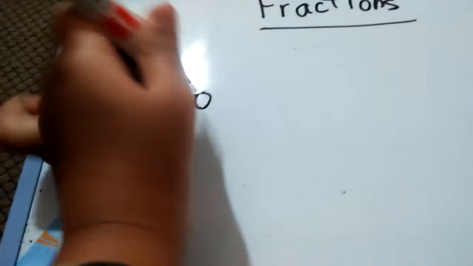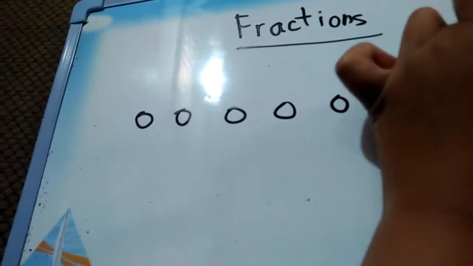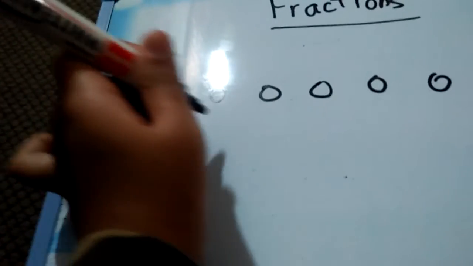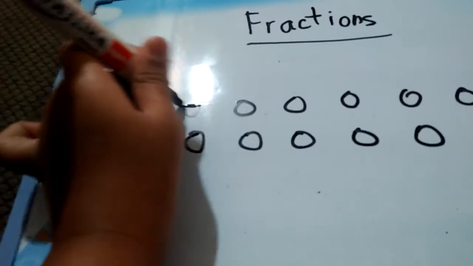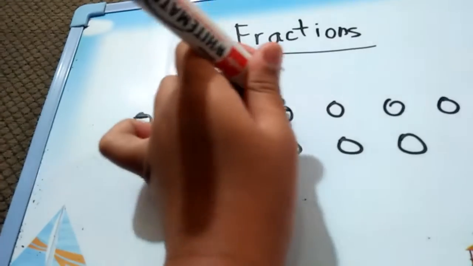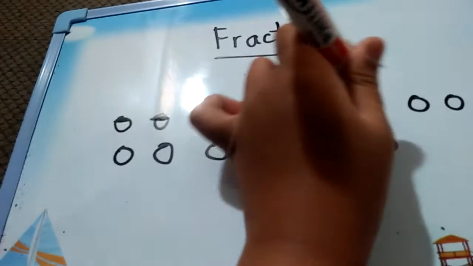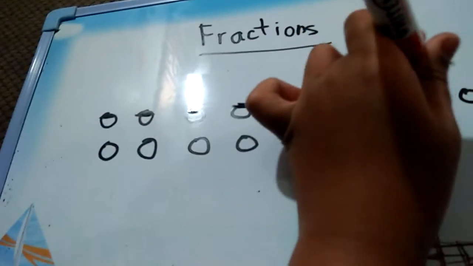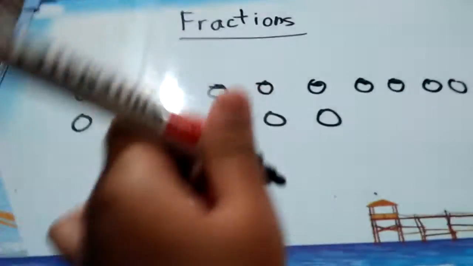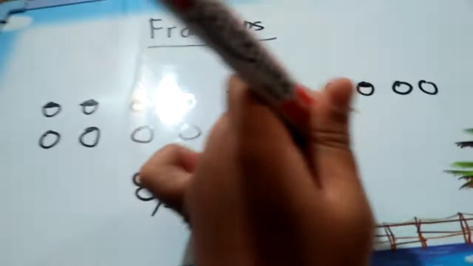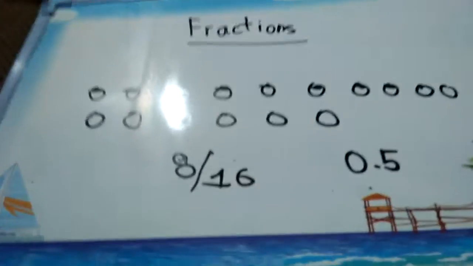Then suppose there were 16 balls and I colored 8 of them, so this fraction was 8/16. Then what will be the answer? 0.5.